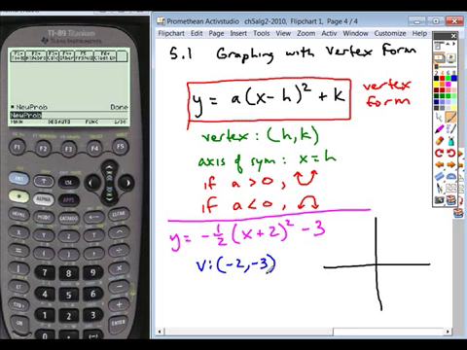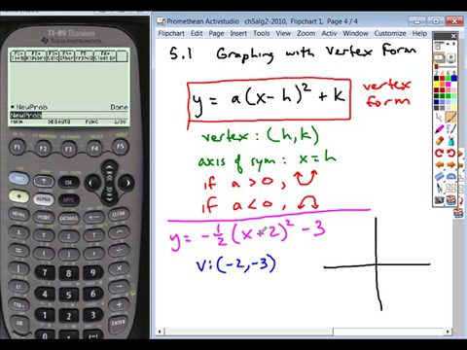Oftentimes students will think of it as the opposite of this number and exactly this number. I don't teach that because if you were given something where this was 2 plus x inside here, it doesn't necessarily fit that pattern. But if you think of this as whatever value of x gives you a 0 in this group, it's always going to work no matter what order the terms are here.